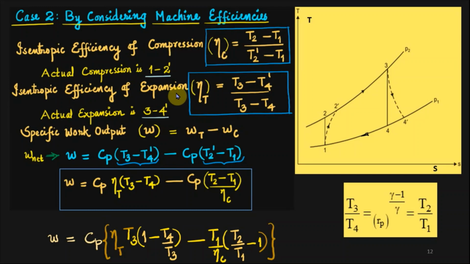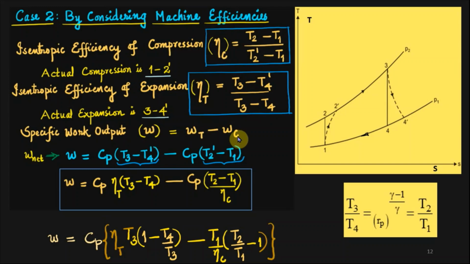Isentropic efficiency of expansion is the ratio of actual work done by the turbine to the isentropic work done by the turbine. So the isentropic efficiency of expansion can be expressed as T3 minus T4 dash divided by T3 minus T4.